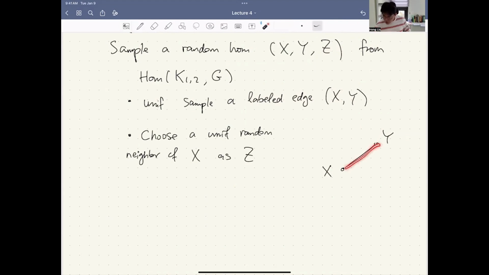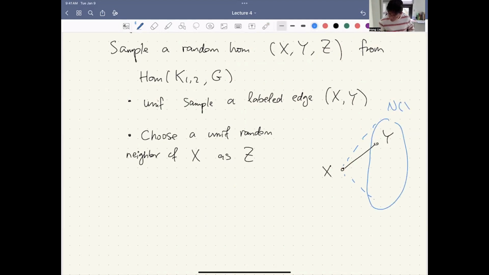After you choose xy, x is fixed, right? Now in the neighborhood of x, we uniformly randomly sample a z. We're going to sample some z here.